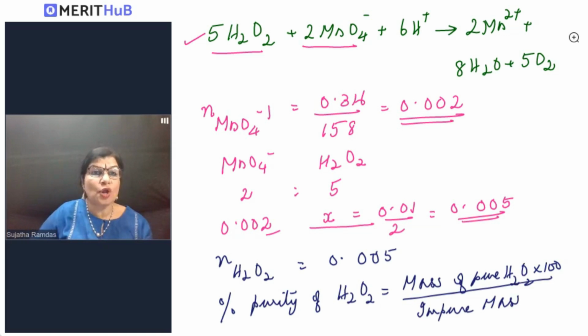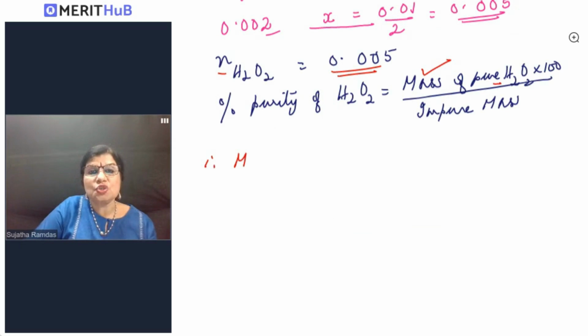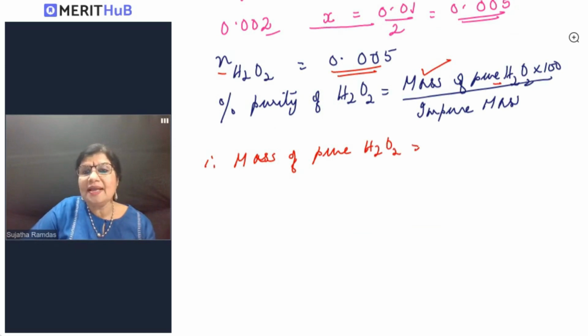So we have the impure mass, which is 0.2 grams. So what do we have to find out now? We have to find out the mass of pure hydrogen peroxide, and that is obtained from the number of moles of hydrogen peroxide. So mass of pure hydrogen peroxide would be number of moles into molecular weight.